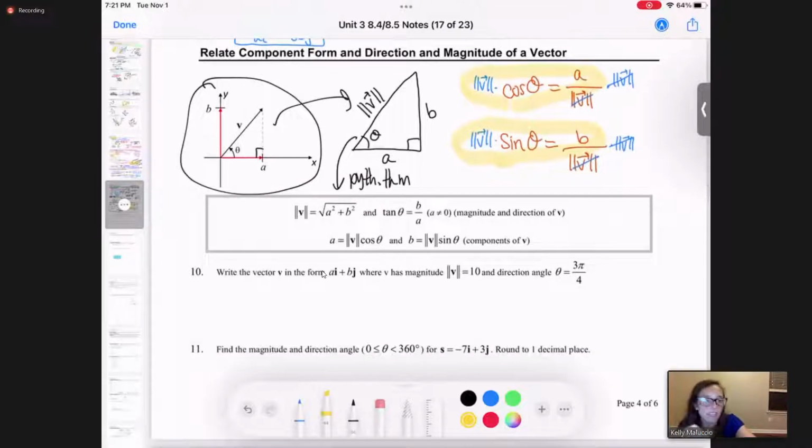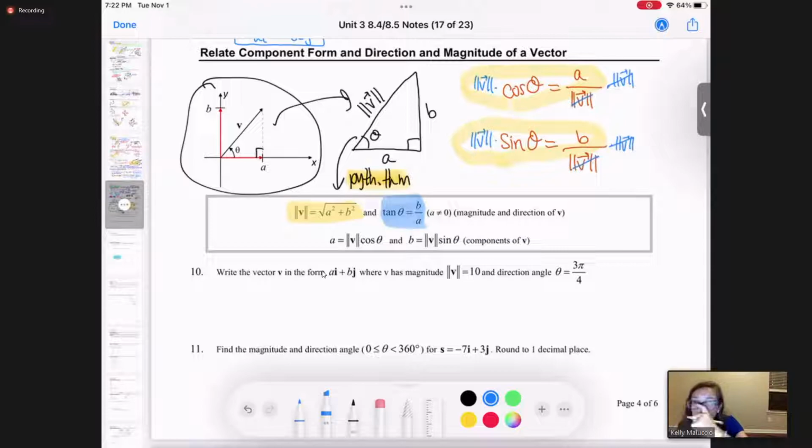So now we come to these formulas. Magnitude of v is the Pythagorean theorem, and it comes from the fact that we can draw vectors like this triangle in this photo here, and form this 90-degree angle and use the Pythagorean theorem because it's very handy. And then we can also use this tangent of theta equation as long as a is not 0.